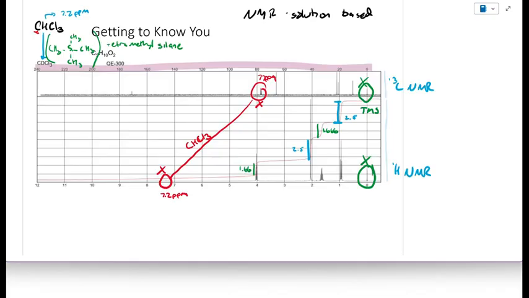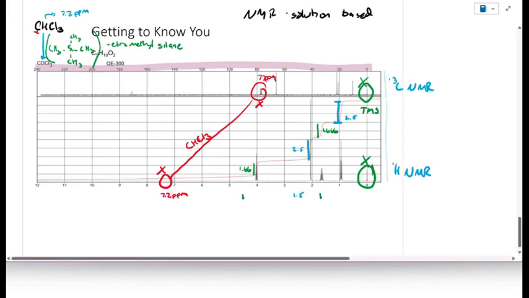So what we do is we take these eyeballed numbers and we start scaling those numbers in order to get whole number ratios. The first thing that we always do is divide by the smallest. If I divide by the smallest, 1.6 divided by 1.6 gives us 1, and 1.6 divided by 1.6 gives us 1. And 2.5 divided by 1 2/3 happens to end up being 1.5.